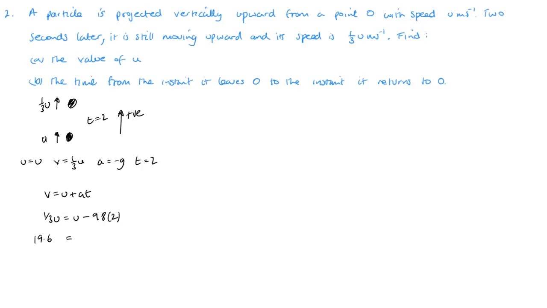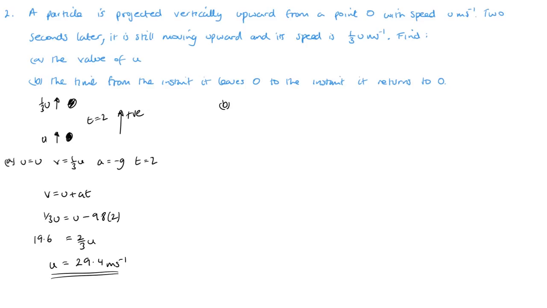Taking it to that side, and 1/3 u subtracted from u gives me 2/3 u on this side. So u equals that 19.6 times by 3 divided by 2. So u is 29.4 meters per second. And that is the exact answer there. And that, of course, is part A.